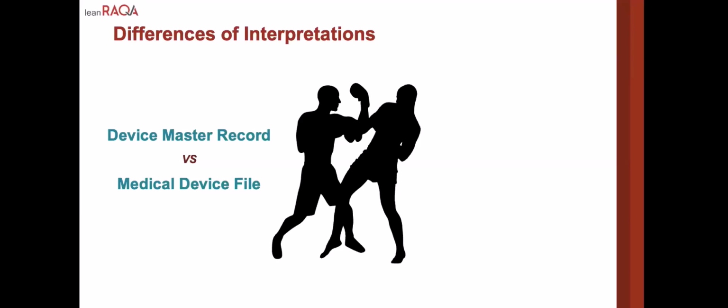And would it surprise her to learn that notified bodies think that it contains things like your regulatory documentation and that it's more like a device history file? She was really shocked that there was a difference in notified bodies' interpretation.